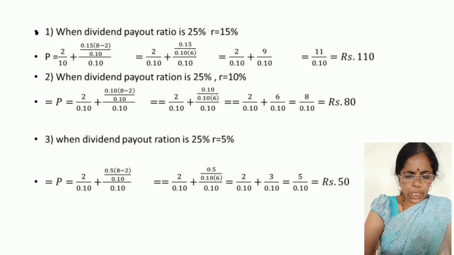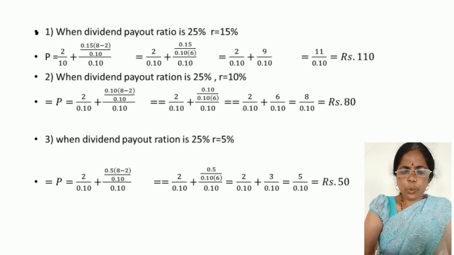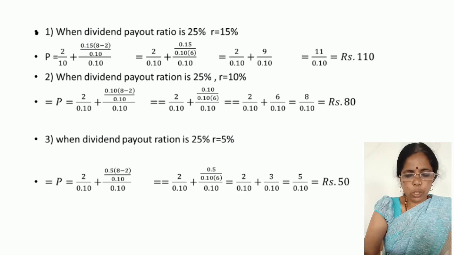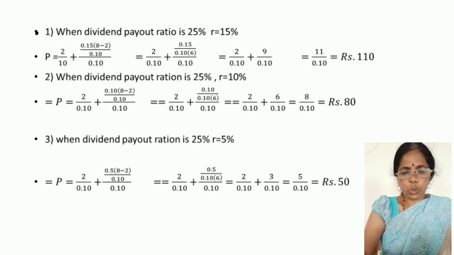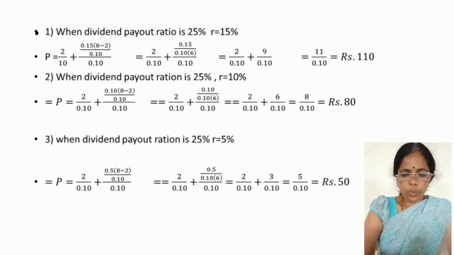R is equal to internal rate of return or productivity of retained earnings. So when the dividend payout ratio is 25%, R is equal to 15%. Now P is equal to D, that is dividend, divided by KE. So D is 25% of rupees 8, which is 2. Then for R is equal to 15%, E minus D, that is earnings minus dividend per share, is 8 minus 2 divided by KE, that is 10%.